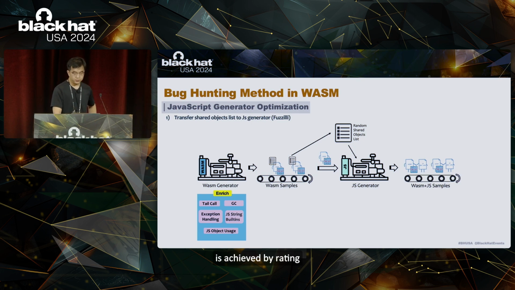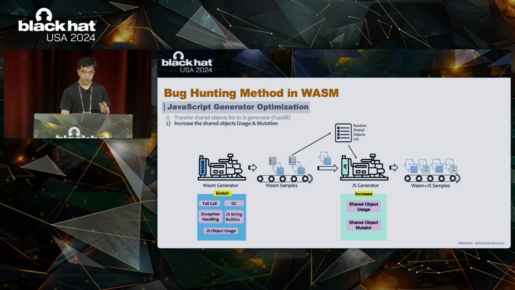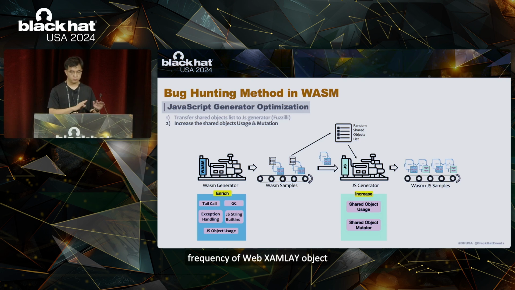Which is achieved by writing a unit generator with Fuzzilli, a powerful tool. And our approach is similar to a toy project named Fuzzilli for WebAssembly. Meanwhile, another optimization on the Fuzzilli side is to increase the usage frequency of WebAssembly objects and to mutate them.